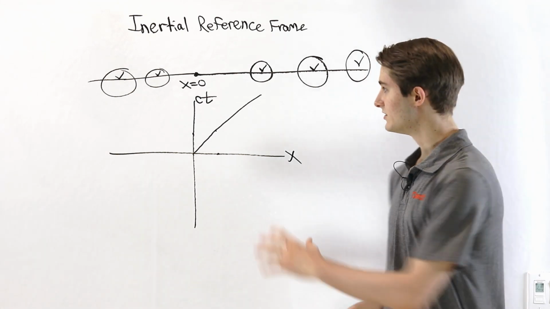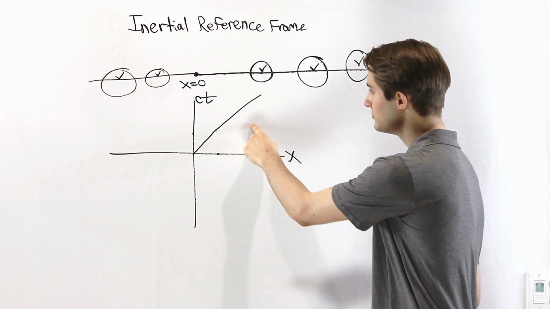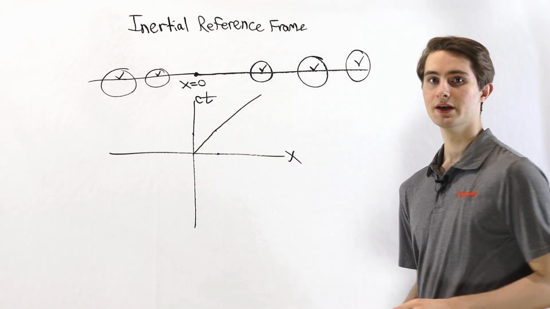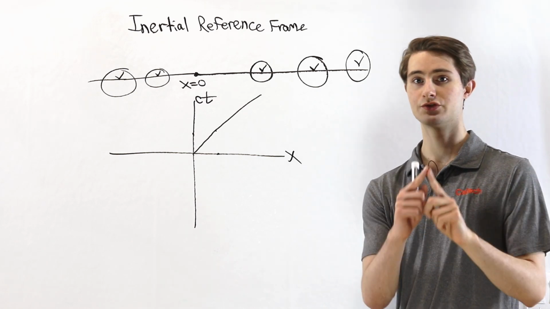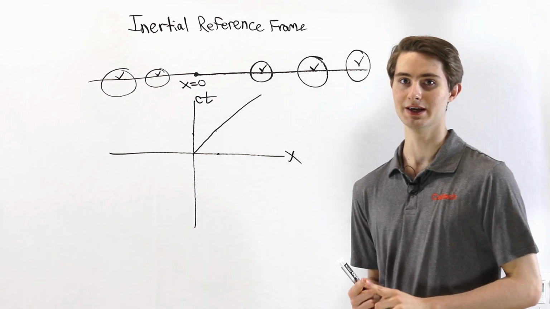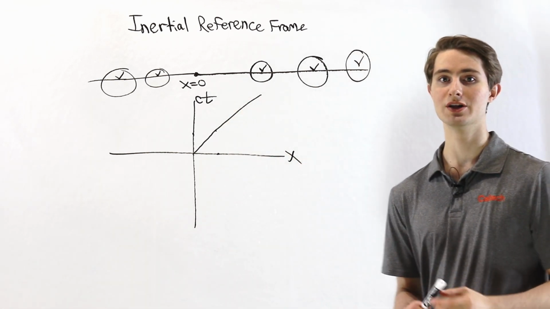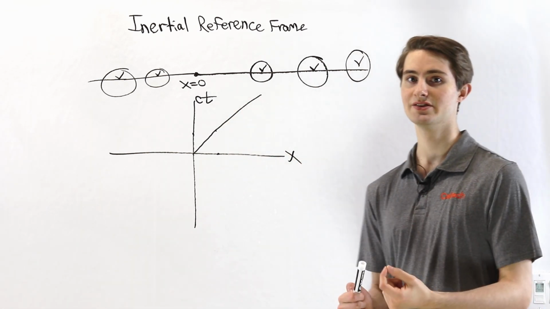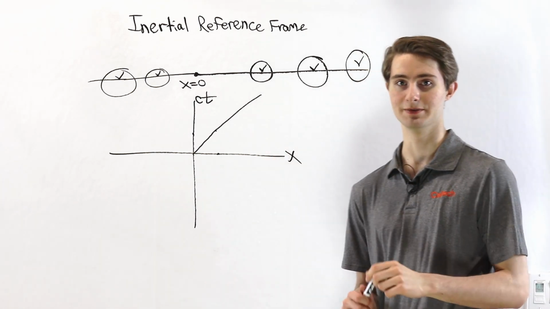So within this space-time diagram, every single point, every x comma ct, gives us both a position and a time. It tells us where and when something is. Any point on this space-time diagram we call an event. So an event describes both the position and time of something.